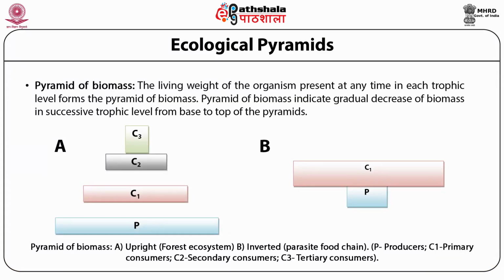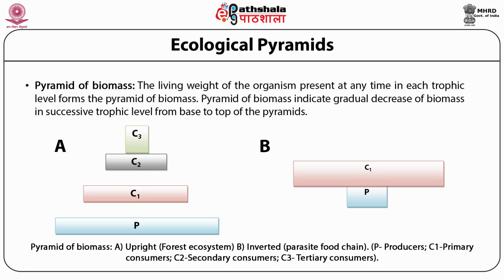Pyramid of biomass. The living weight of the organisms present at any time in each trophic level forms the pyramid of biomass. Pyramid of biomass indicates a gradual decrease of biomass in successive trophic levels from base to top of the pyramid.